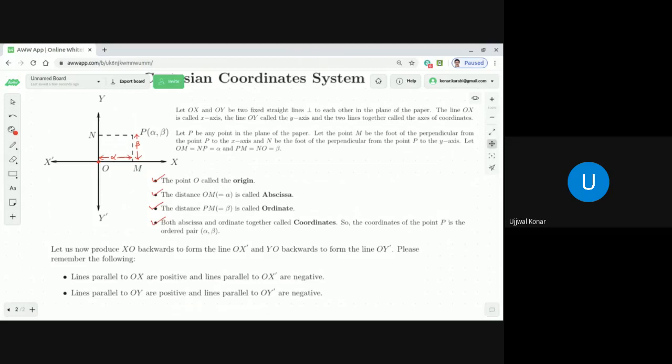What is meant by that is that when you go to the left-hand side of the origin O with respect to the x-axis OX, then it is negative, and similarly if you come down with respect to OY, then it is negative. Okay, so this is the fundamental of the Cartesian coordinate system.